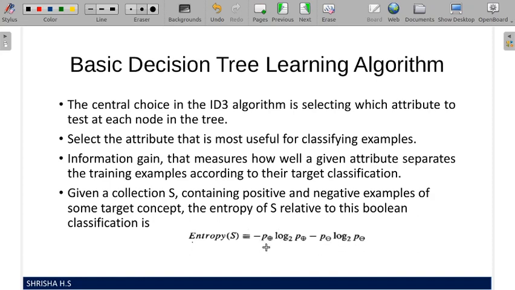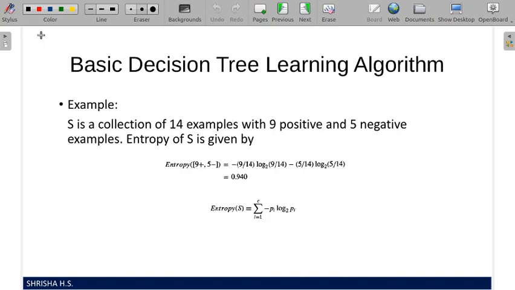How to calculate the positive and negative examples, we will see next. Just for explanation, we will take the play tennis data set. In the play tennis data set, we have 9 positive examples and 5 negative examples. Positive means classified as yes, and a negative example means the target function is no. So how do we calculate the entropy?